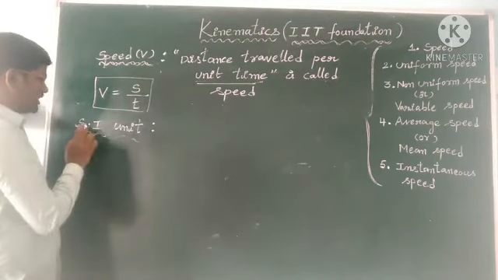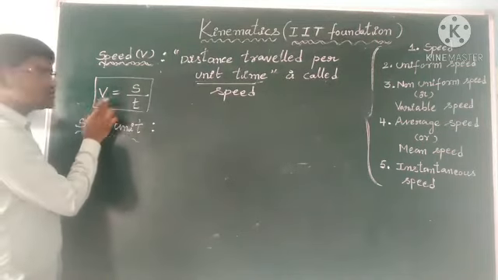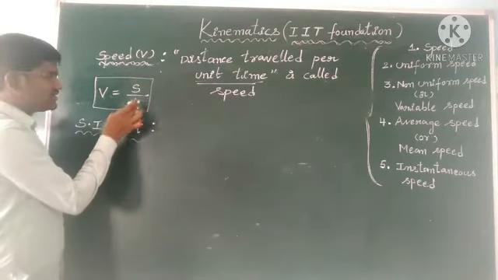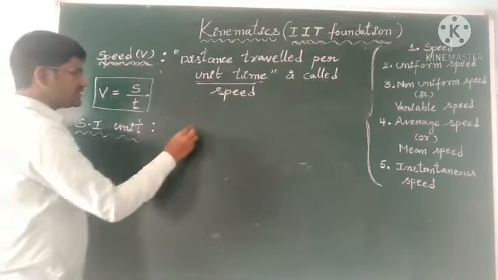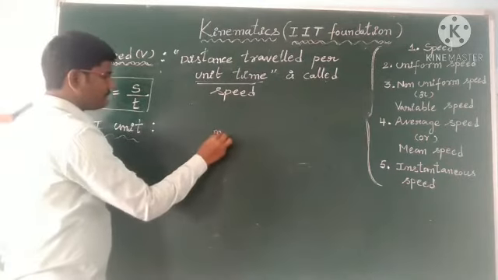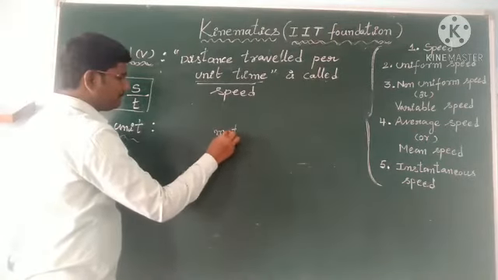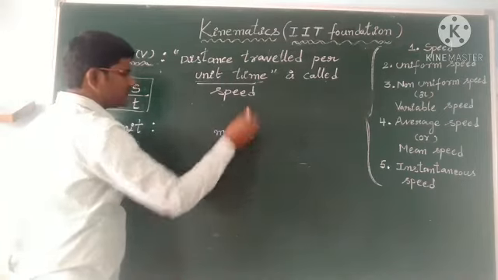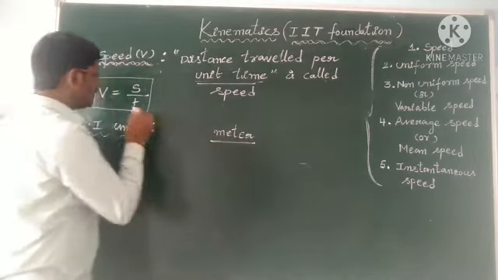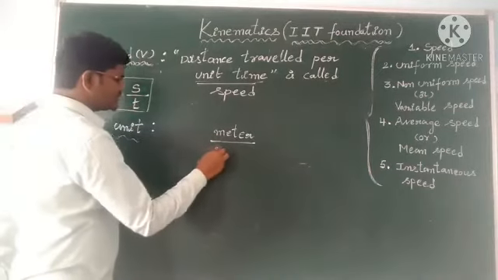To get the SI unit of speed, we should write the SI unit of distance and the SI unit of time. So the SI unit of distance is meter, and the SI unit of time is second.